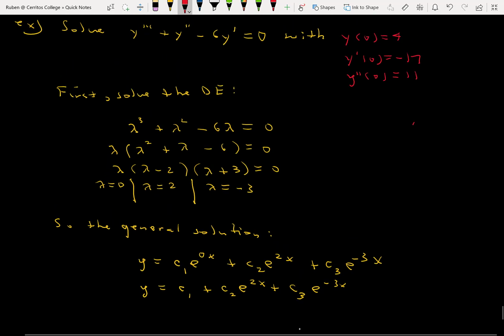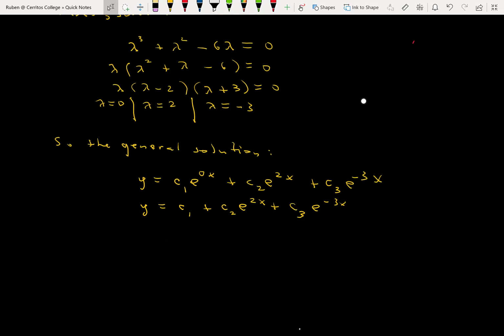So let's apply the initial conditions. In order to do that, we're going to need a couple of derivatives of our general solution. Our first derivative: the derivative of constant C1 is 0.